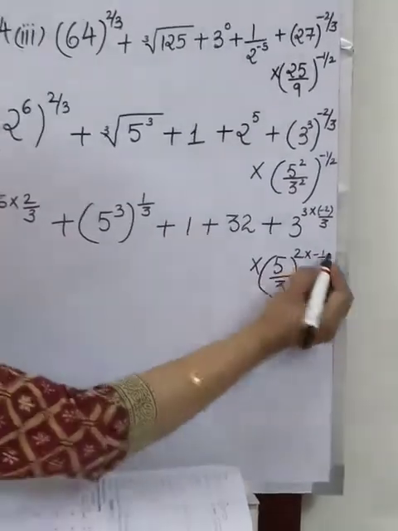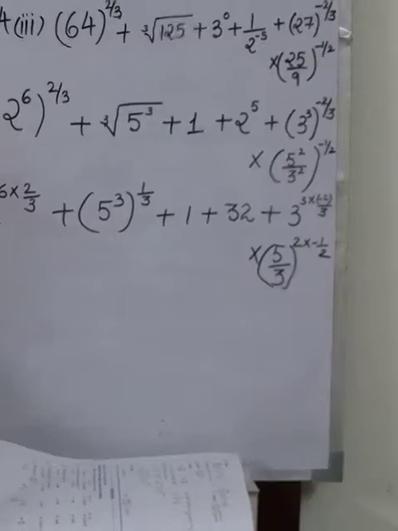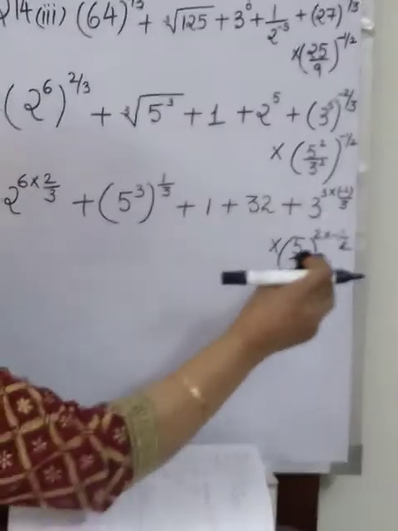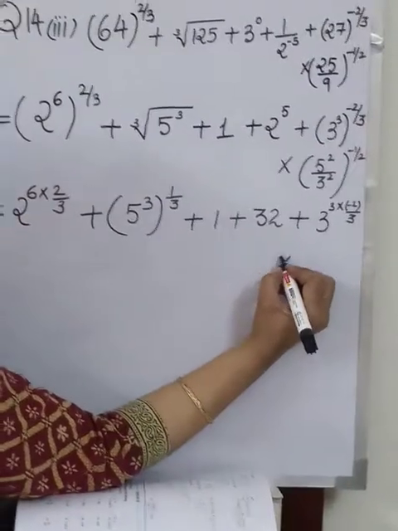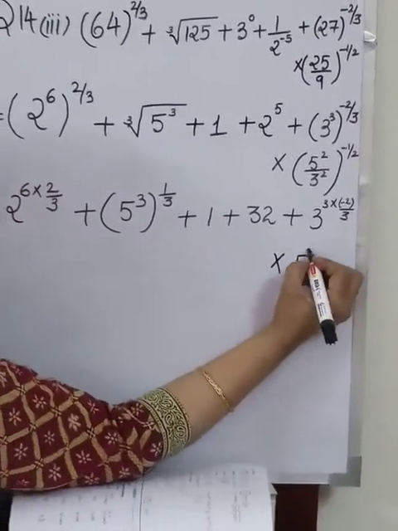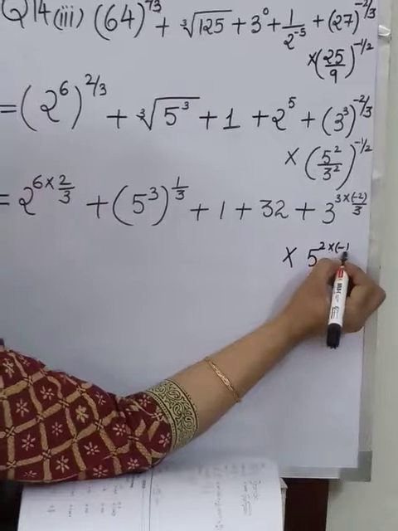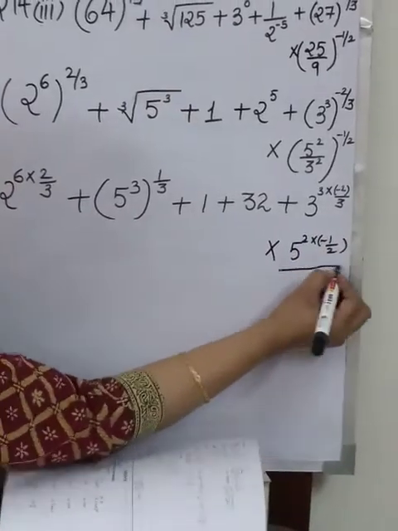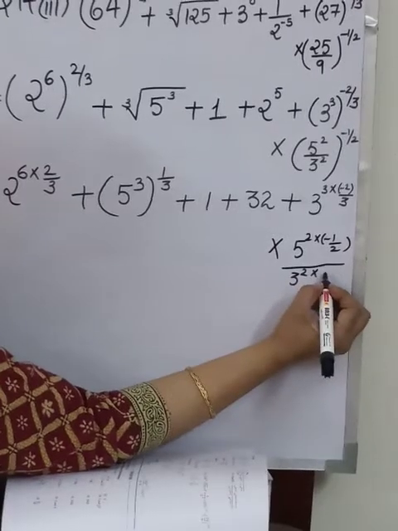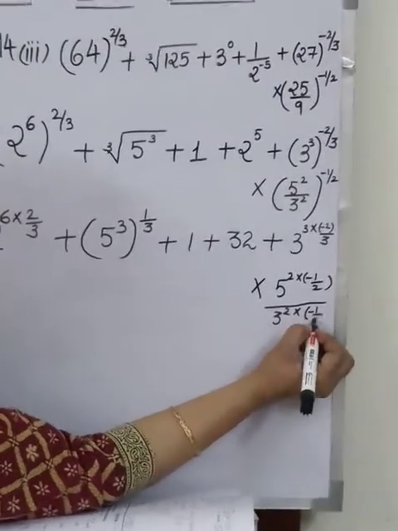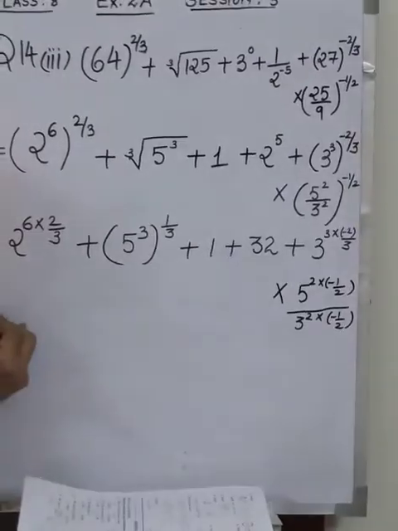Or if you are having difficulty, then better you give the half to each numerator and denominator as well. Or you can do it like this: 5 to the power 2 into minus 1 by 2 and 3 to the power 2 into minus 1 by 2. Got it?